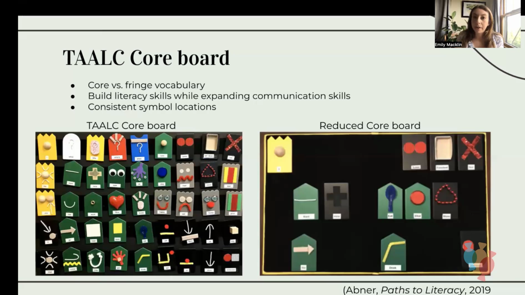Often we are talking about individuals with complex profiles, and we don't need to add obstacles for them. What we need to do is set them up for functional success later on. So something to think about is where they're headed. This offers opportunities to build literacy skills while expanding communication skills. I really like what they've done here.